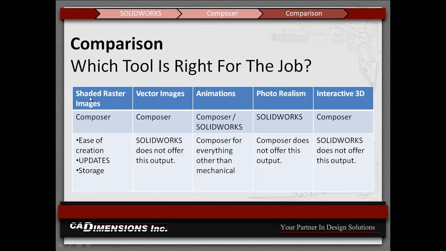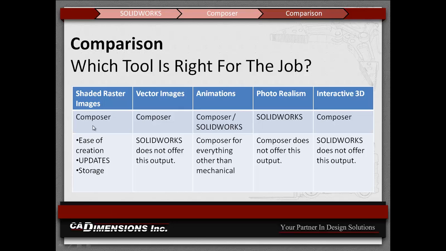With our shaded raster images, my choice for creation of shaded raster images is Composer. Yes, we can do this in SolidWorks, and this is one of the areas that we saw they do actually overlap, right? With those shaded raster images, we can create a JPEG in both. My choice is Composer.